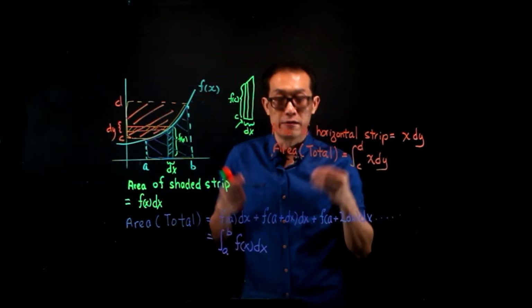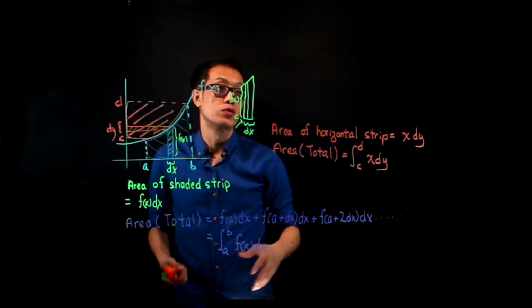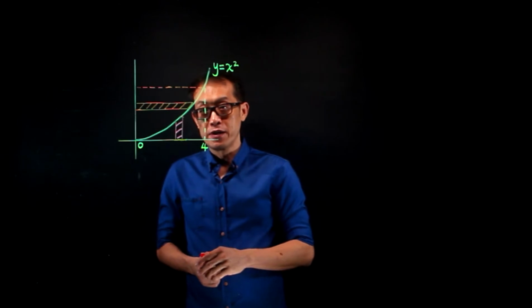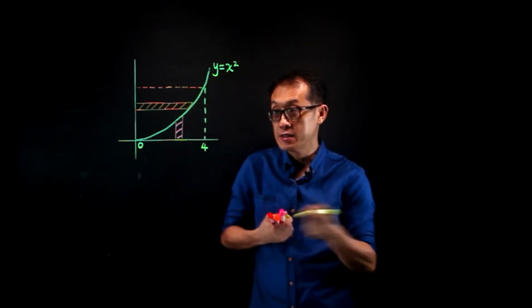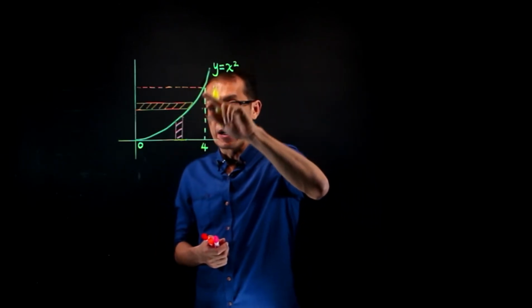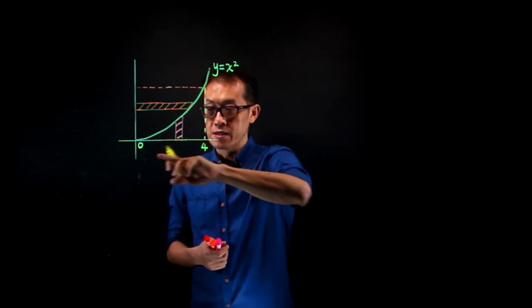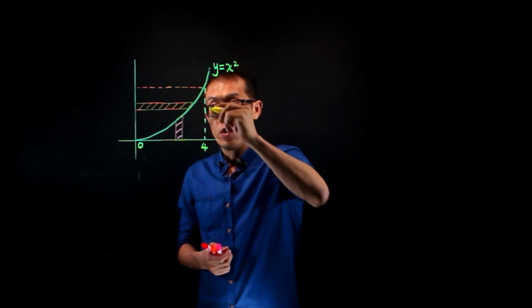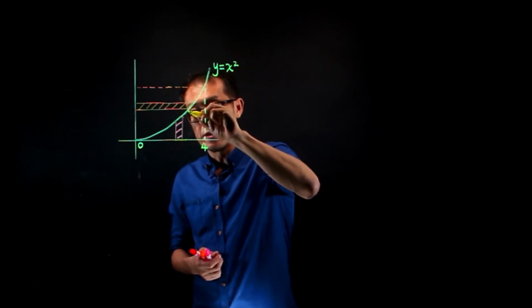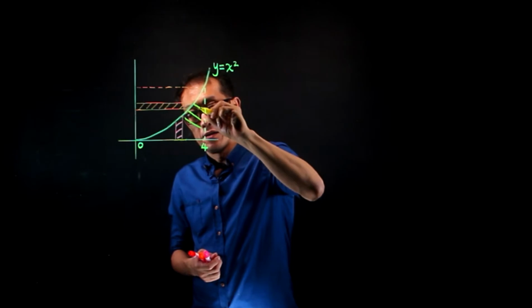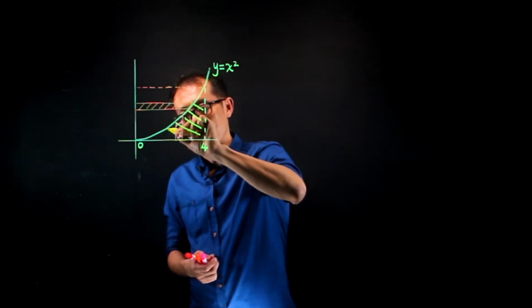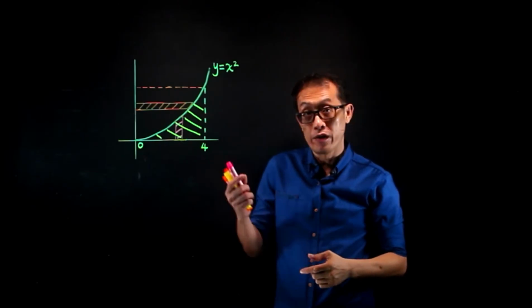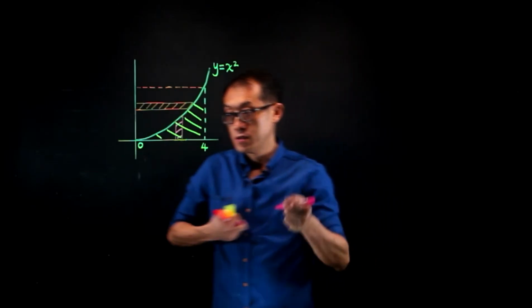Next we will apply what we have learned to a question. In this example, you are asked to find the area that is bounded by this graph with the x-axis and the lines x equals 0 and x equals 4. So this is the required area. Let's find the area of a vertical strip first.